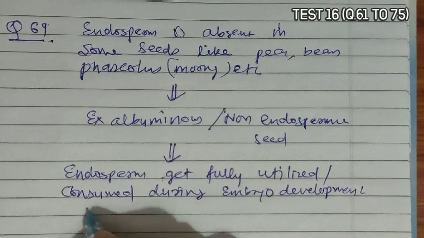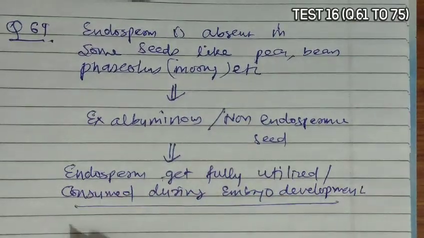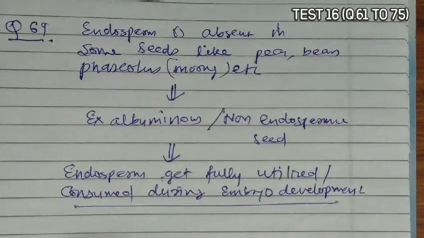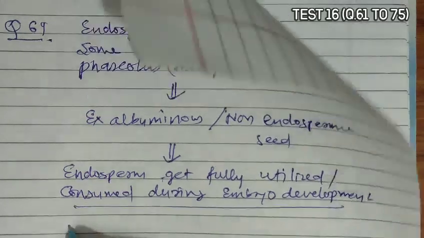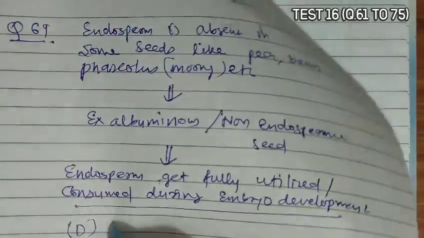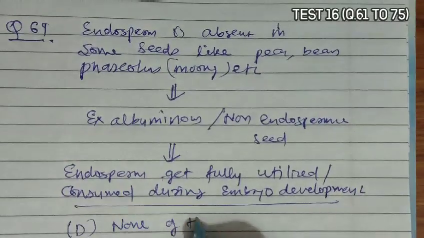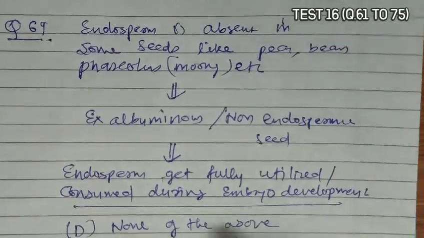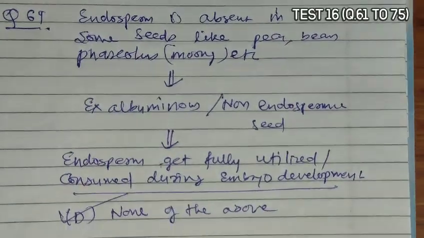So this is the reason due to which the endosperm is absent. So such type of option is not given in any option. So D is the correct answer, that is none of the above. D is the correct answer.